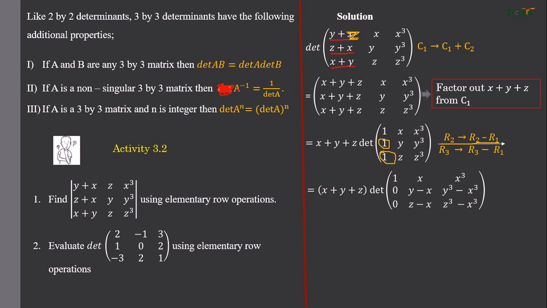Now since we have 1 as the leading element here and the rest are zeros, we can now delete this row and this column, and we will remain with this resultant matrix.